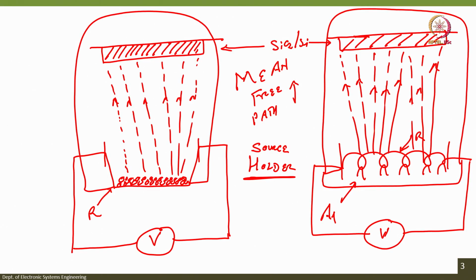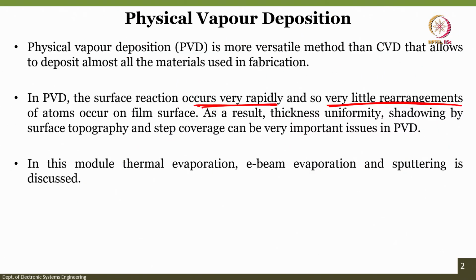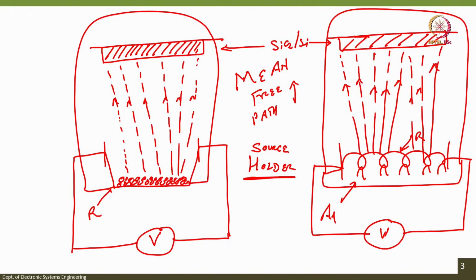So, now what we were learning here is that this material, the source material, in this case we have taken aluminum, right. The source material, when it melts and evaporates, evaporates so rapidly that the layer that forms here, let us say this is a thin layer, forms so fast that very little time for rearrangement of the atoms occurs, right.